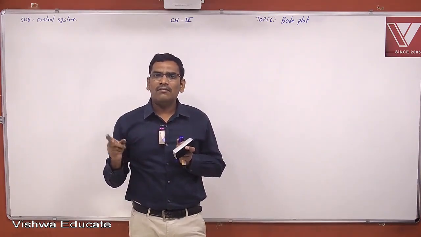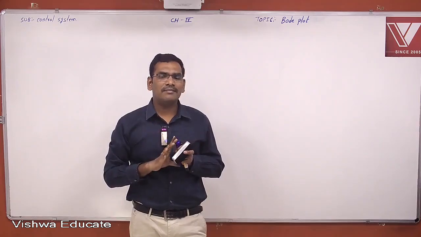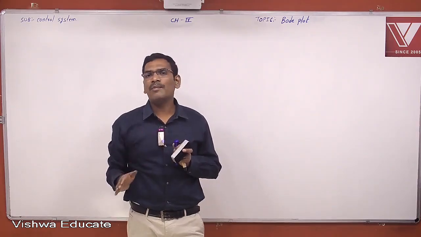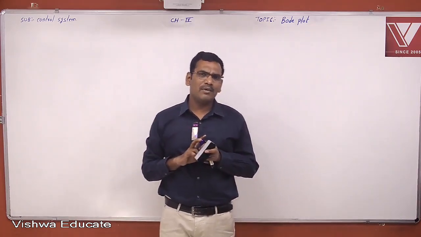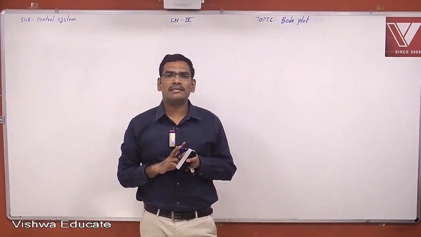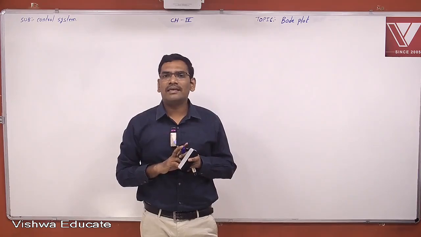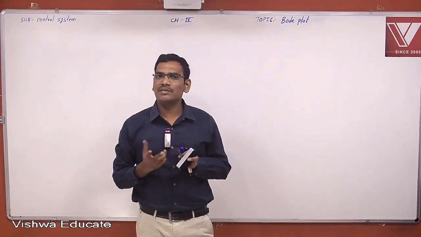Now when we go to the root locus diagram, we draw the movement of the closed loop poles in the S plane. Is that a time domain analysis or frequency domain analysis? Most people think it is frequency domain because it is the S plane.